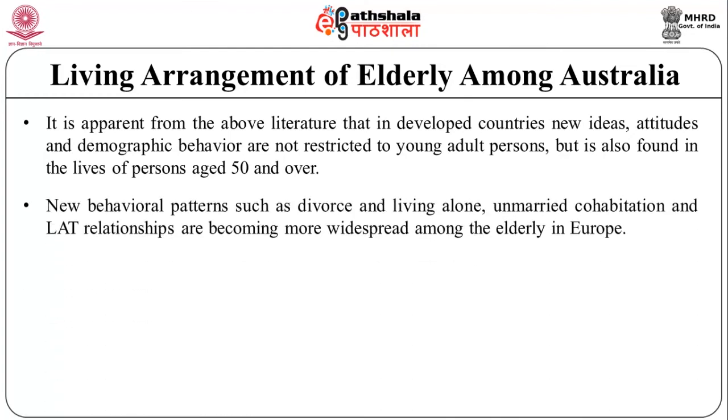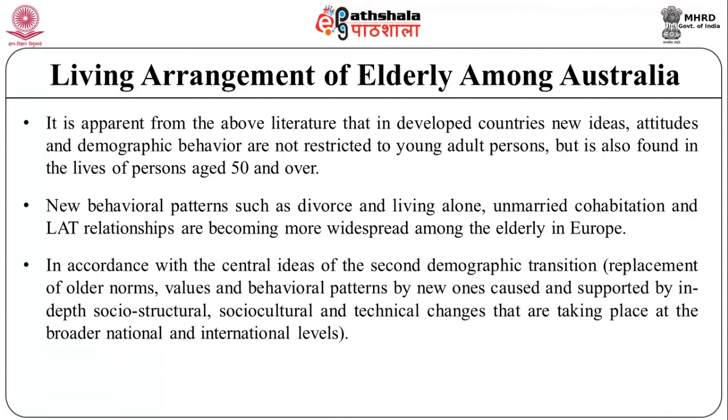New behavioral patterns such as divorce, living alone, and unmarried cohabitation are becoming more widespread among the elderly in Europe in accordance with the central ideas of the second demographic transition, that is, replacement of older norms, values, and behavioral patterns by new ones caused and supported by in-depth socio-cultural, socio-structural, and technical changes that are taking place at the broader national and international level.